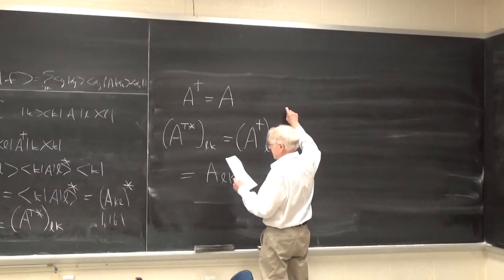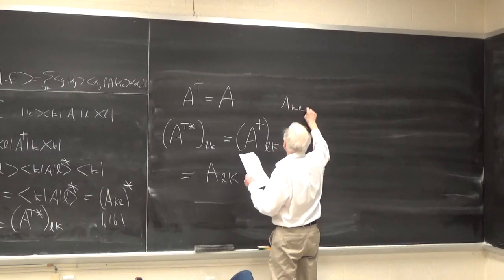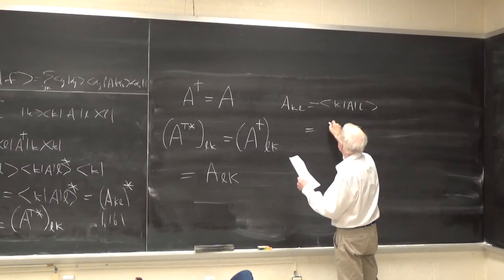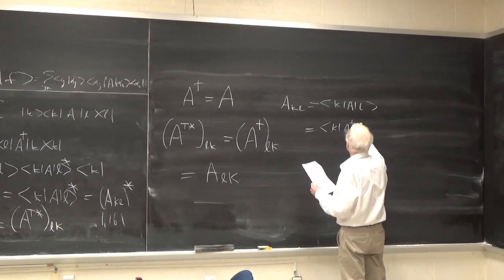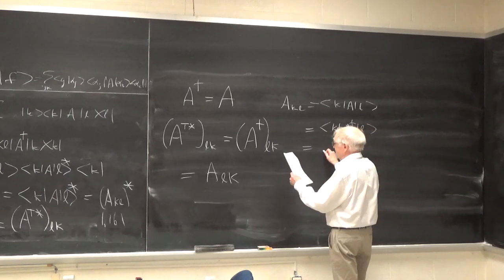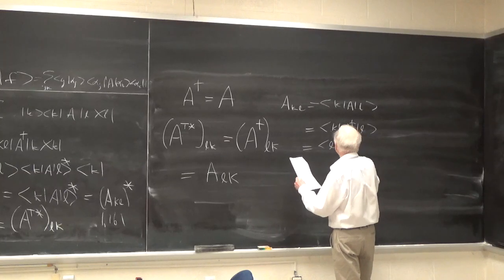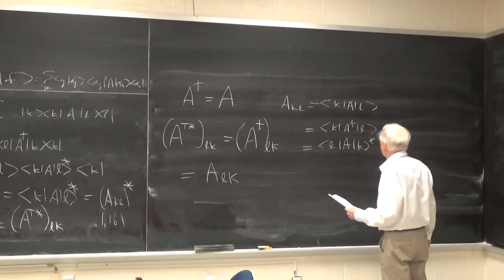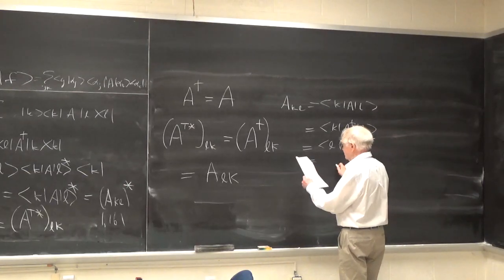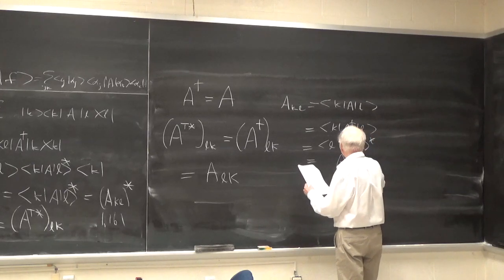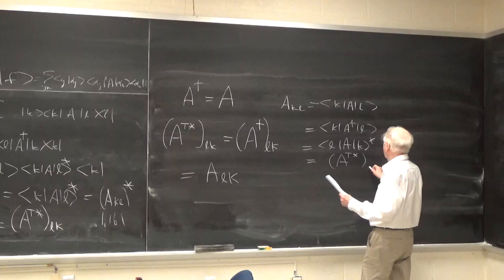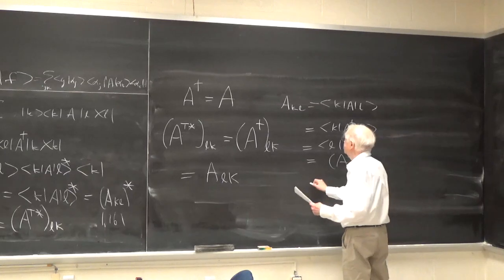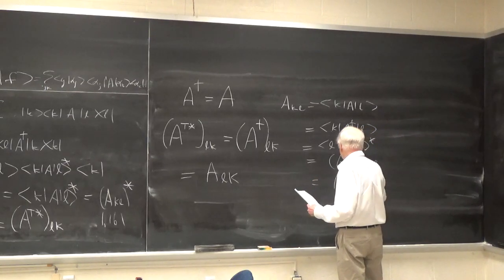In such a case, then, AKL, which is KAL, is equal to K A dagger L, and this is L A K complex conjugate, because that is A transpose complex conjugate KL, and this is A dagger KL.